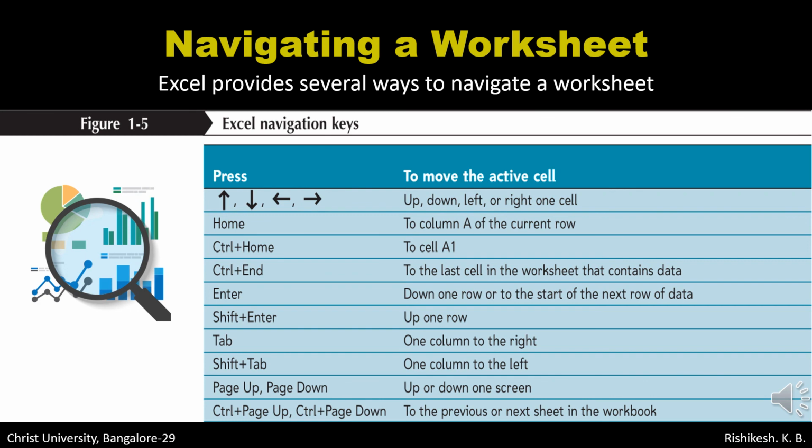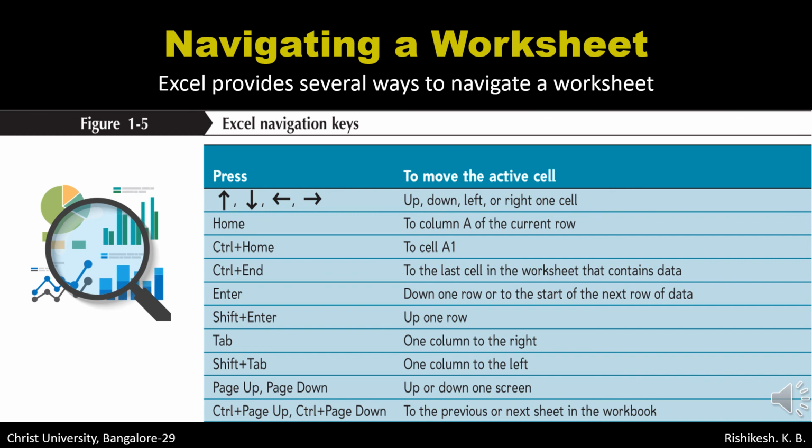So here I'm trying to make you familiar with some of the basic shortcuts. I don't think I need to explain any of these in detail because it's all self-explanatory. Maybe one or two I'll try to. Using arrow keys to move the cells up and down. Control plus End to the last cell of the worksheet.